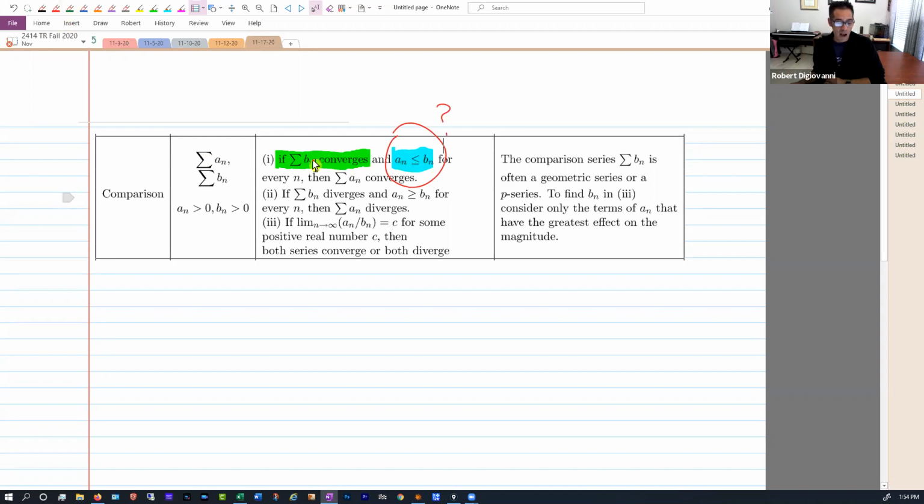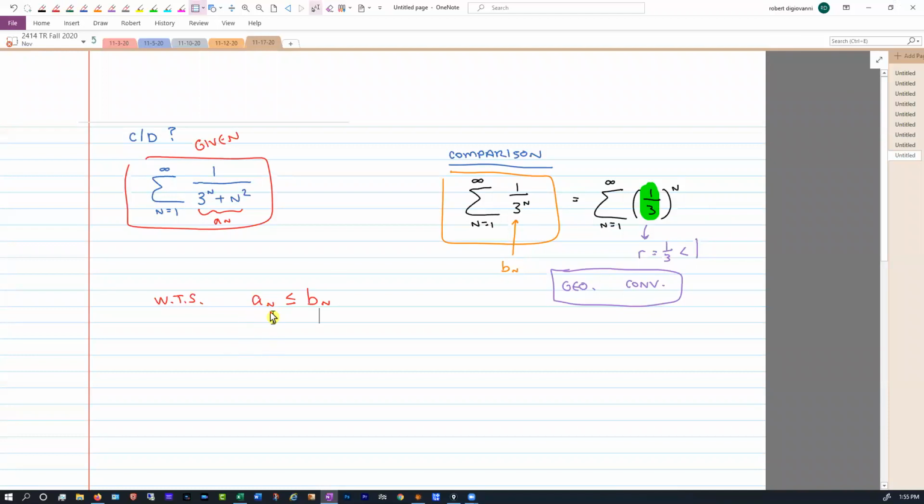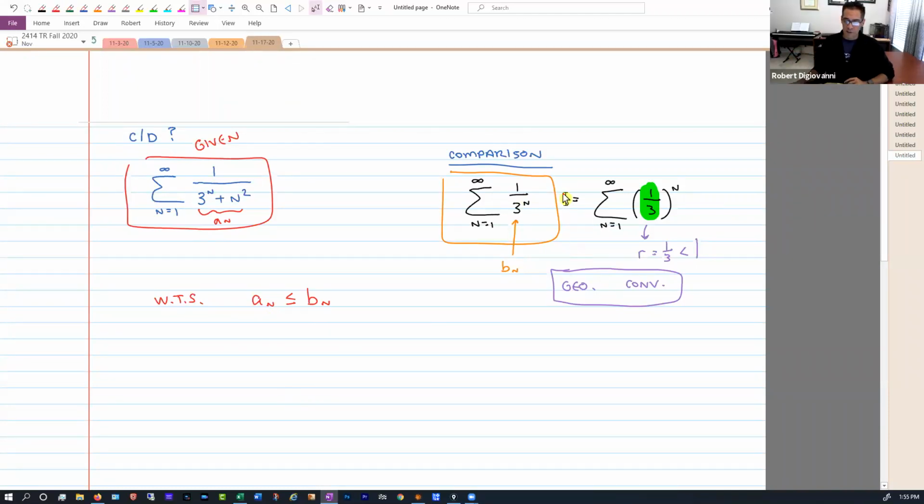You see what I have: a convergent series I'm comparing it to, but I need to check that this inequality is true. So now I want to show that a sub n stays smaller than or equal to b sub n. If I can show this, I'm done, because then whatever this one does, this one does.